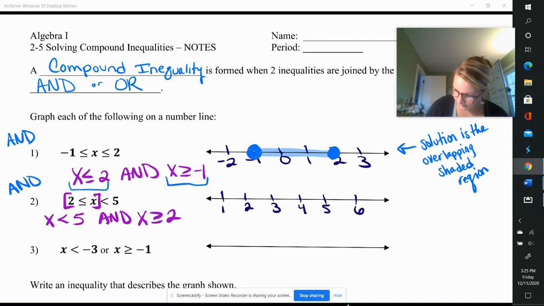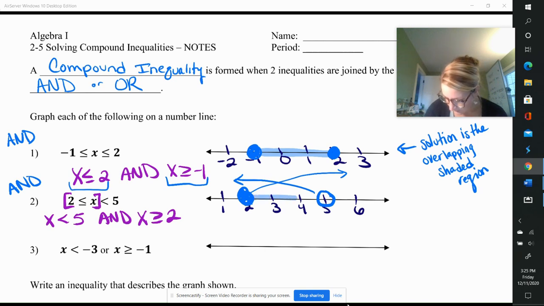So x needs to be less than 5, so open at 5, shaded to the left. Greater than or equal to 2, so shaded to the right. And again, where they overlap is the shading in between. So and inequalities will always be shaded in between those two endpoints.